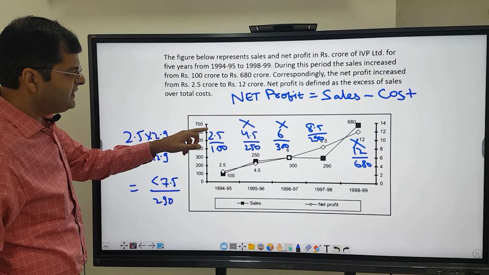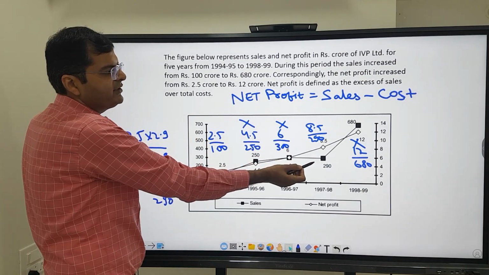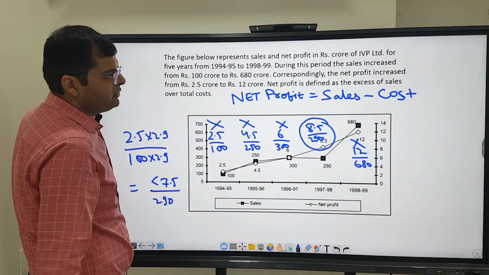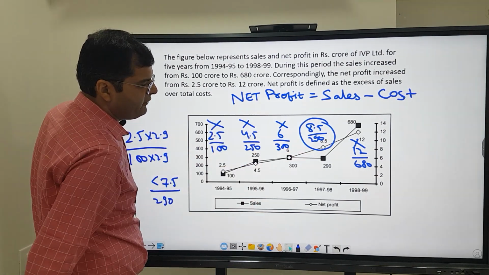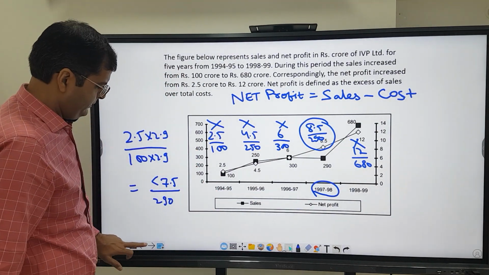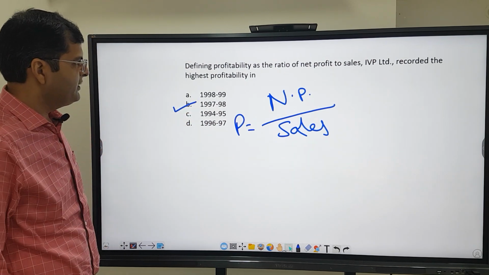So a number less than 7.5 upon 290, and this is 8.5 upon 290. So that means this is bigger. If this is bigger, this is also ruled out now. So the highest comes out is 8.5 by 290, which is of the year 97-98. So 97-98, answer option B is correct here.